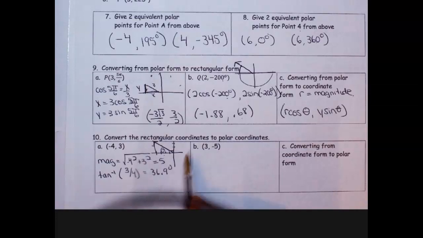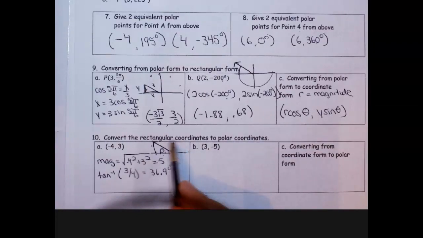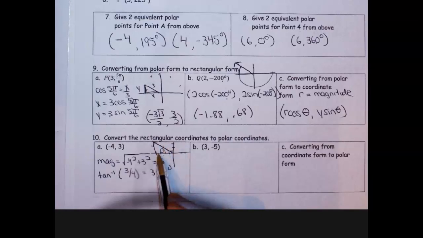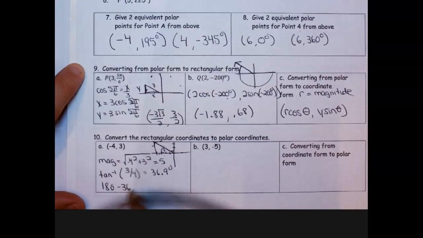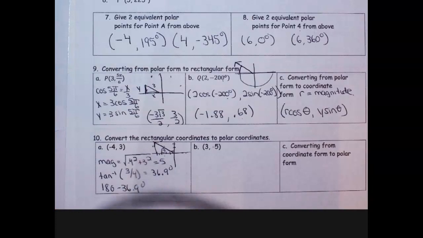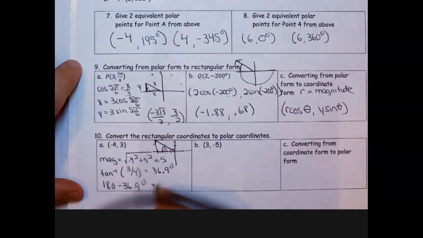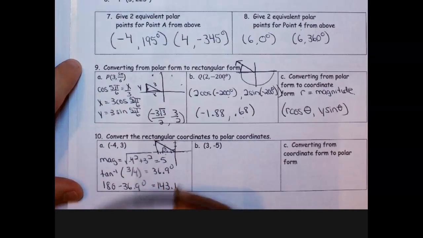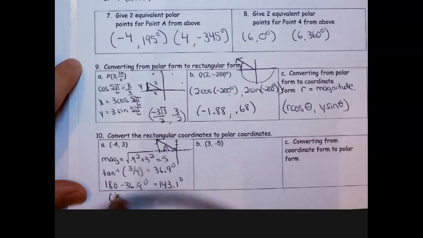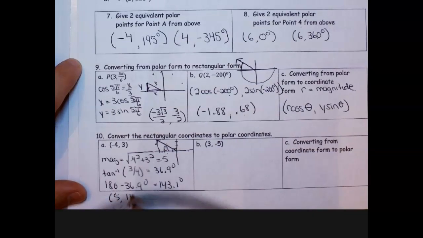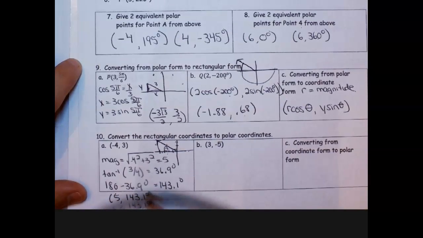Remember, if I'm in polar, I'm starting here on the unit circle and going this direction. So to go all the way to here, it would be 180, but then I have to subtract that amount. So we end up with 180 minus 36.9 degrees, and I've got 143.1. So in polar form, this would be 5, 143.1 degrees.